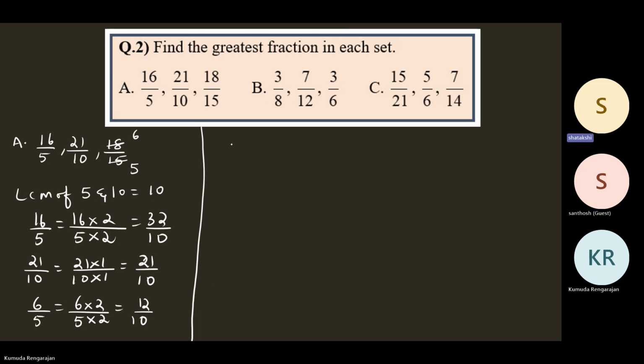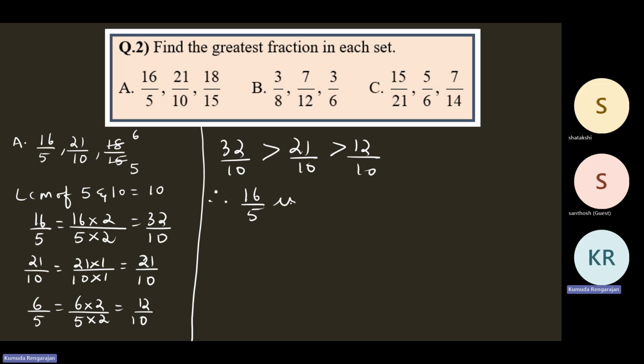Since you're asked for the greatest fraction, you must say that 32 by 10 is greater than 21 by 10, which is greater than 12 by 10. Therefore, 16 by 5 is the greatest fraction.